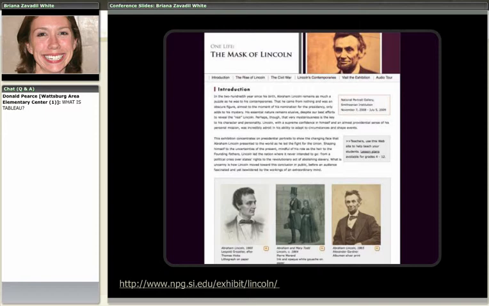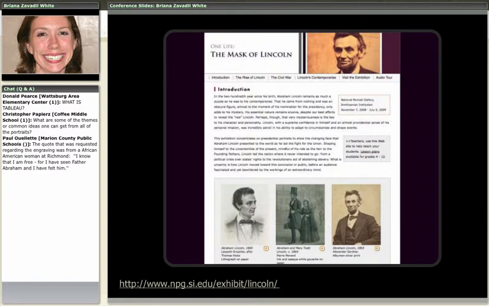So Jonathan has up on the screen now the online exhibition for One Life: The Mask of Lincoln. I think that this is a great resource for you to use in your classroom for those of you that can't come to the show and don't have the opportunity to get here. The images that are up in the exhibition are also online.